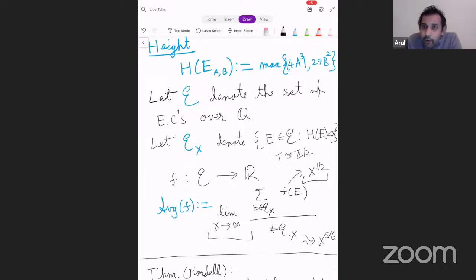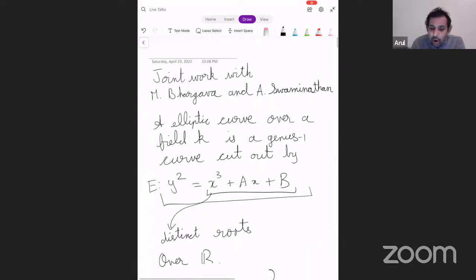In fact, there's a beautiful paper by Rob Harron and Andrew Snowden in which they compute such asymptotics, not just for T being Z mod 2Z, but for all finite abelian groups that could occur from Mazur's theorem. Can you please give me the reference? Absolutely, I'll tell you the authors.